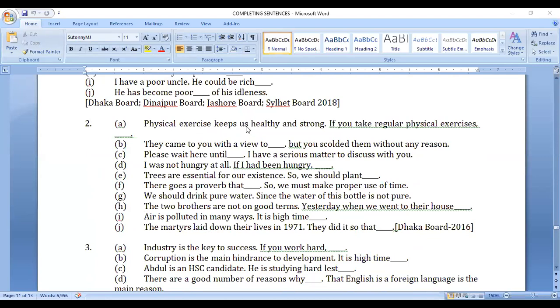Physical exercise keeps us healthy and strong. If you take regular physical exercises, then you can keep fit or you can be physically fit. So you may write, you have several options, but all the options should be contextually and grammatically correct.